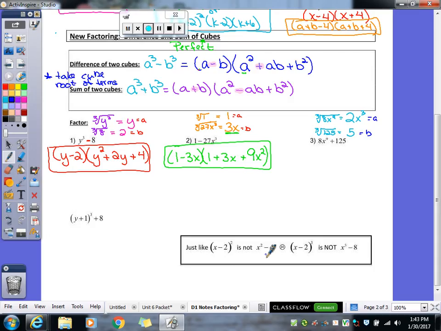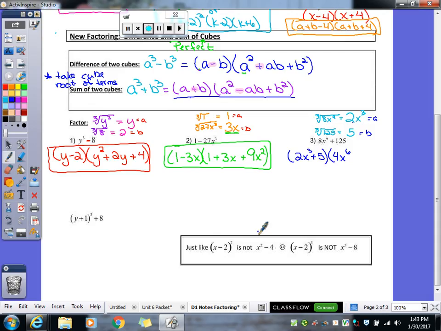This time it's plus, so we're going to use our second formula down here. So it starts off with A plus B. So 2x cubed plus 5. So now I need to square my A. So if I square this, I get 4x to the 6. Got to square my 2.